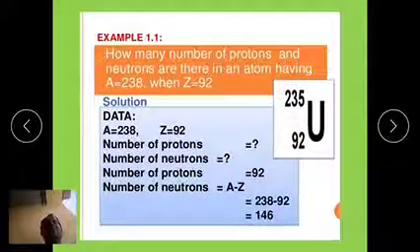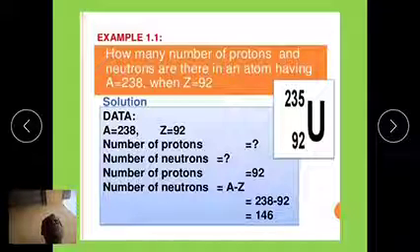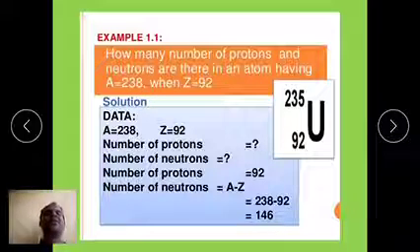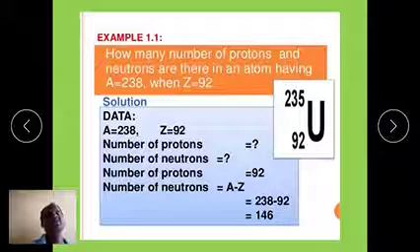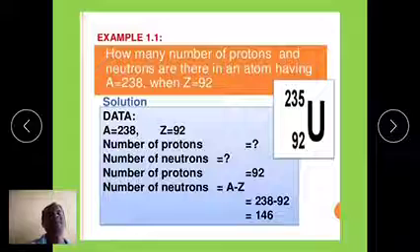Example number 4. How many protons and neutrons are there in the atom having A equal to 238 when Z equals 92? From this question, A indicates the mass number, 238, and Z, the atomic number, is 92.